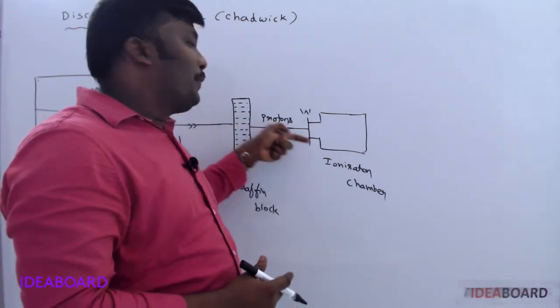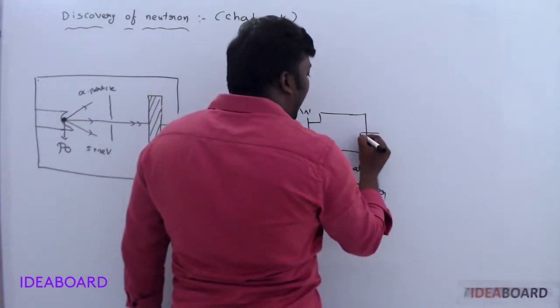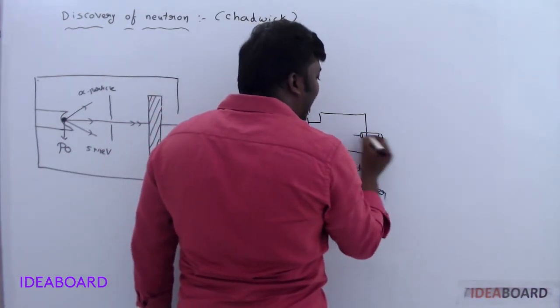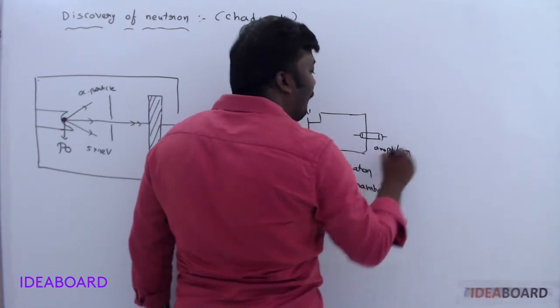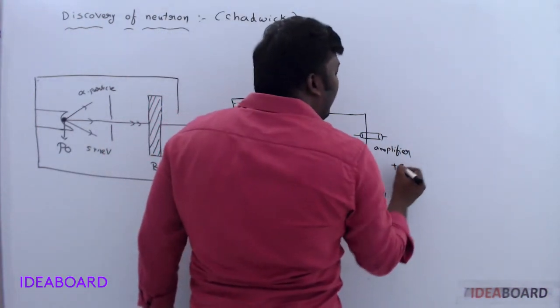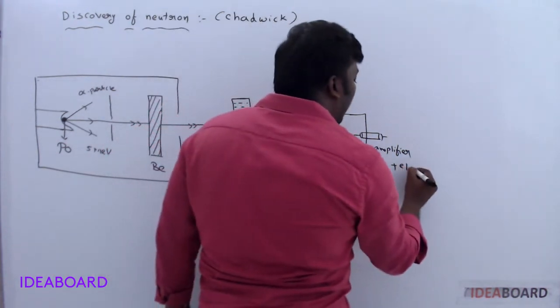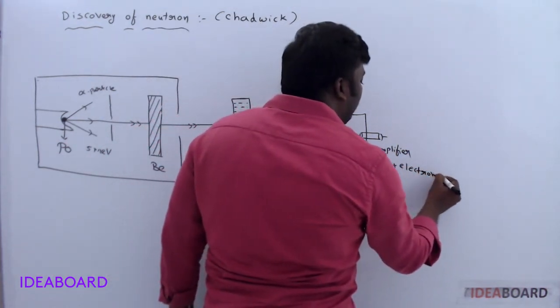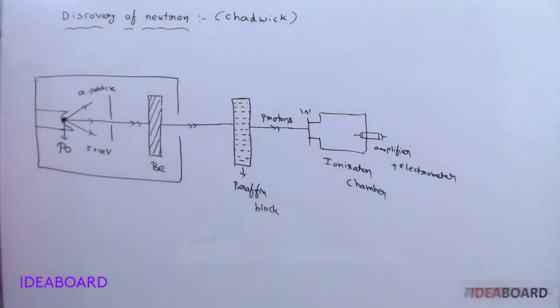Now these charged protons ionize the gas. Due to that, some ionization current is developed. This ionization current is first amplified by an amplifier, which increases its strength. After that, they measured the ionization current with the help of an electrometer. This is the experimental setup for the discovery of the neutron.